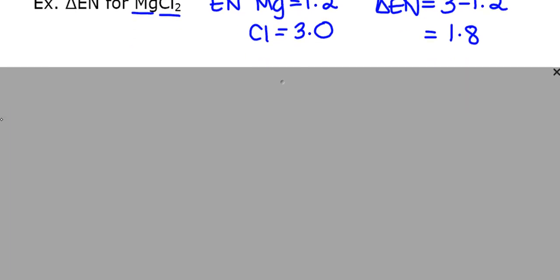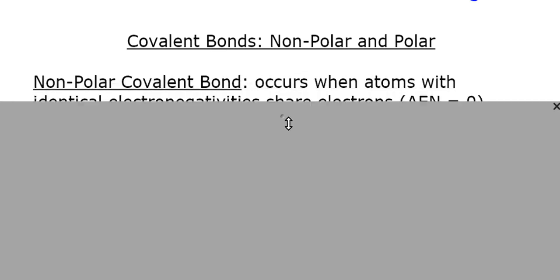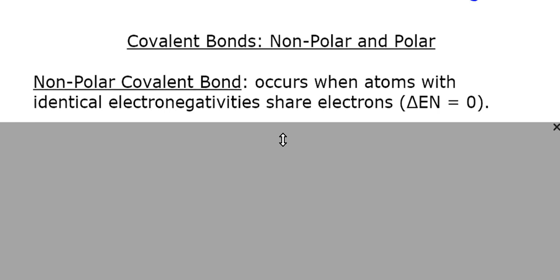So we're first going to look at how we use electronegativity values to figure out what type of covalent bonds you have. There's 2 types of covalent bonds. One is a nonpolar covalent bond, and the other is a polar covalent bond. So first, we'll go over what it actually means to be a nonpolar covalent bond.